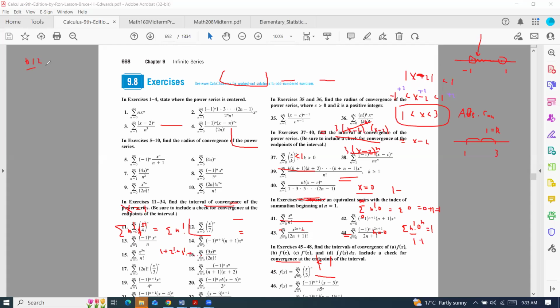And again, how do I do that? Well, I look at the standard process. So I look at the (n+1)th term over the nth term, or u, doesn't really matter, the absolute value.